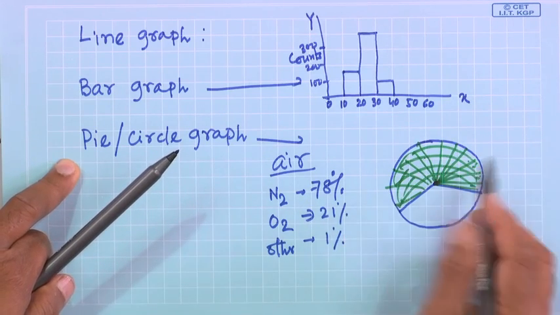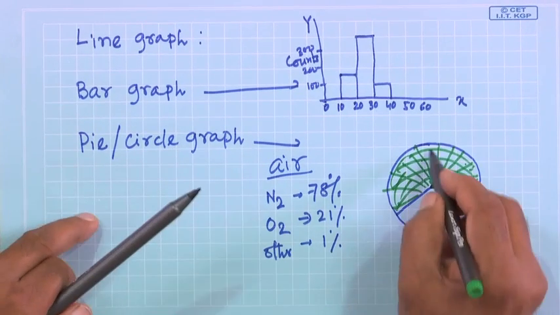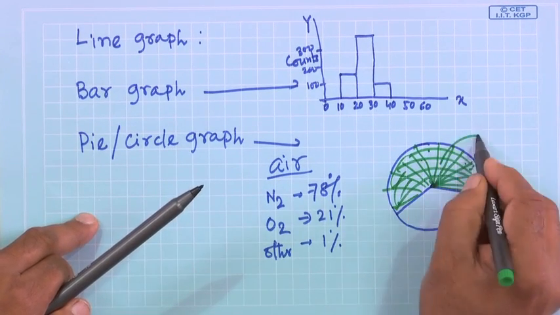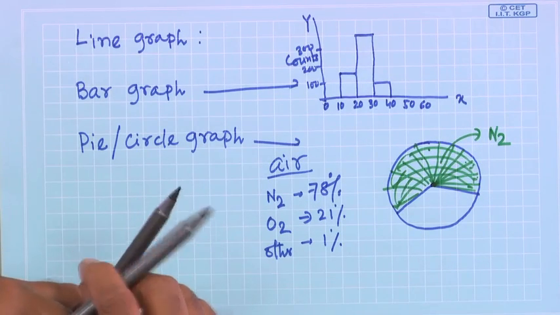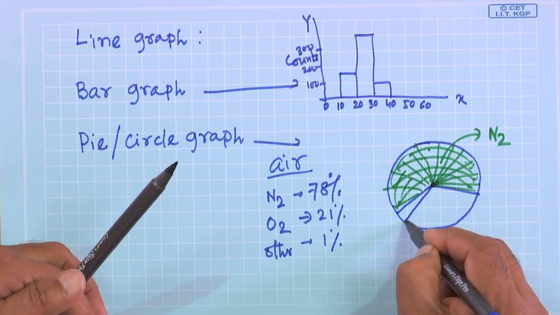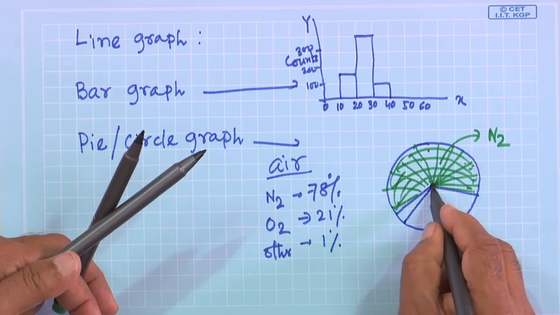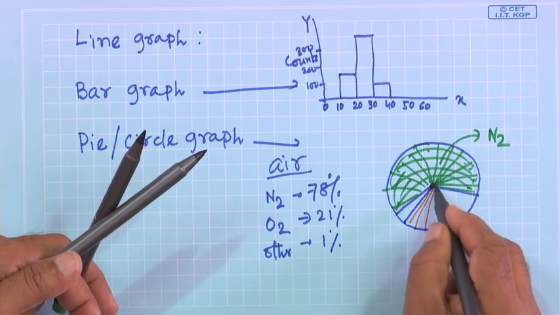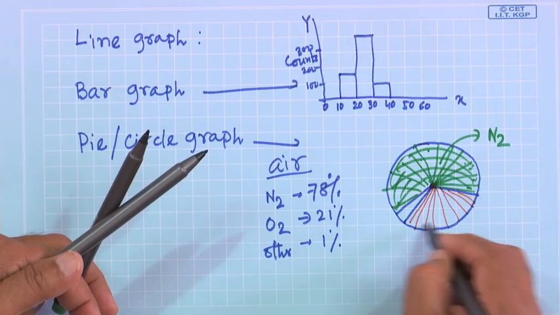So, this portion is representing nitrogen, and say this portion is used for oxygen, it is a 21% area.